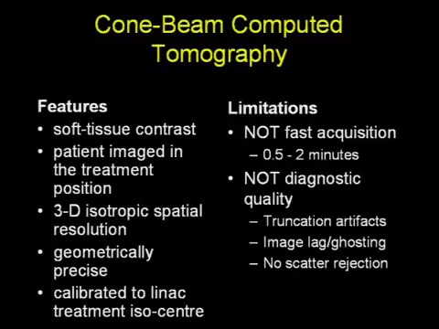Some of the detectors display some lag or ghosting artifacts that can sometimes impair visualization of structures, and certainly do have an effect on the CT number that can be read out of these devices. And also, as we speak currently, the scatter rejection algorithms and devices are limited at best. So scatter is a big problem for cone beam CT, whereas it's not so much for diagnostic CT.